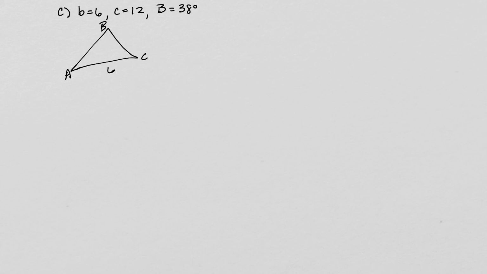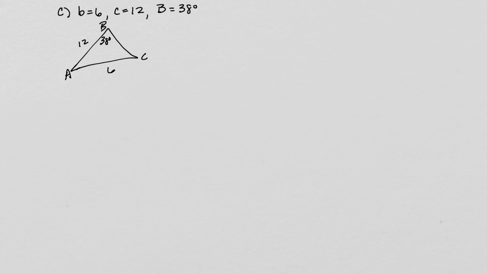So we'll do one more. So b equals 6, c equals 12, capital B equals 38 degrees. So again, here's my triangle, A, B, C. So little b is 6, little c is 12, capital B is 38 degrees.